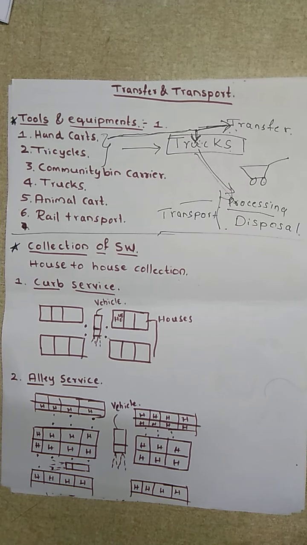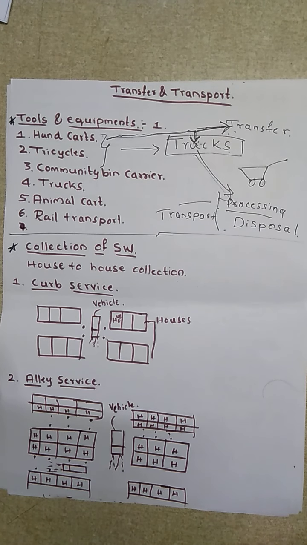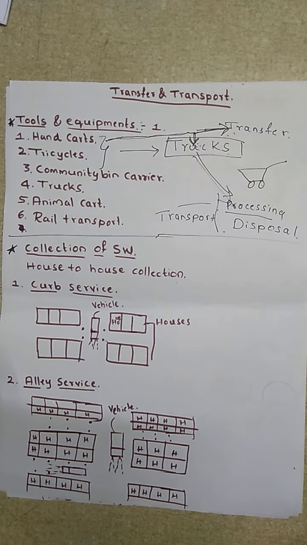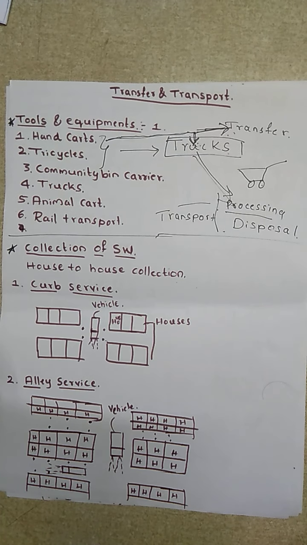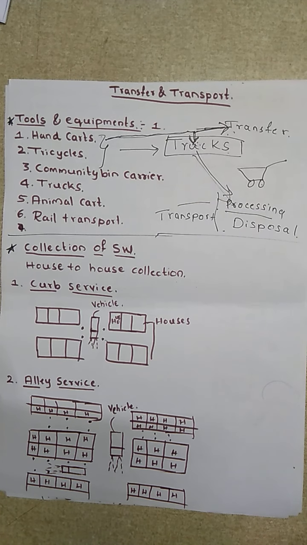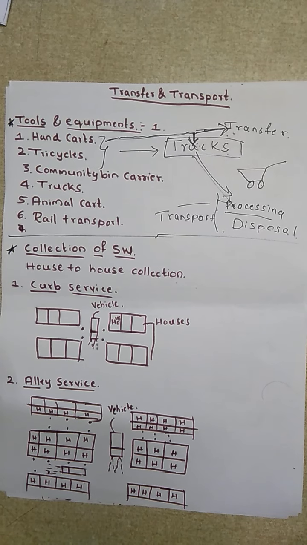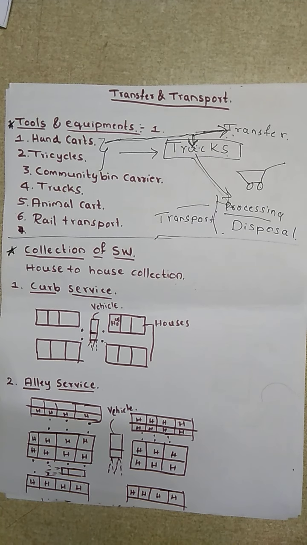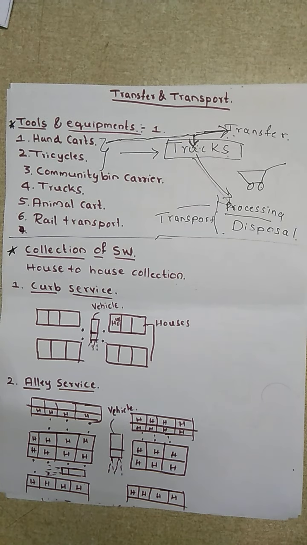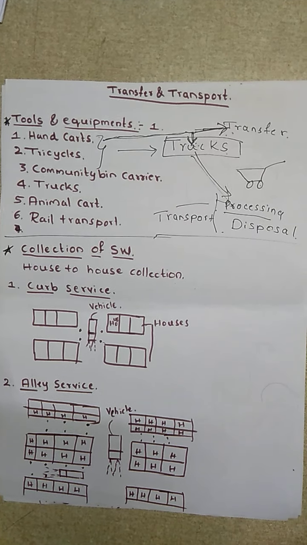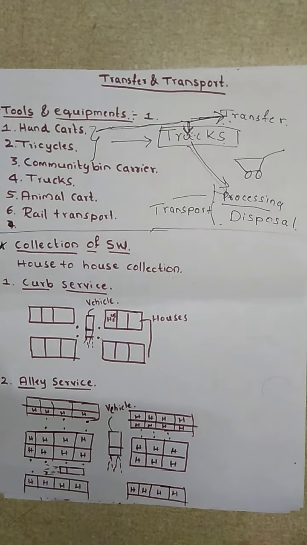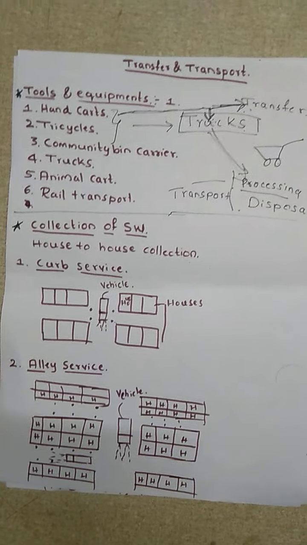I think this is also clear. Then the community bin, which has a capacity of 40 bins arranged in a 2-tier arrangement. Then the pickup van has to be sent. Community bin carriers are the smaller vehicles that come to us.